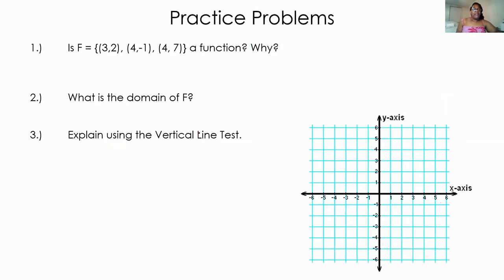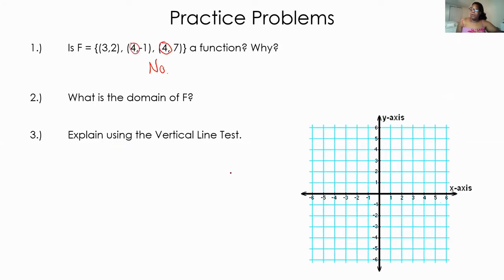So if the set of F equals (3, 2), (4, -1), and (4, 7), is it a function, okay? This is a relation because it's a set of ordered pairs, but is it a function? In my case, I would say no. And why is it not a function? Because look at my X values.